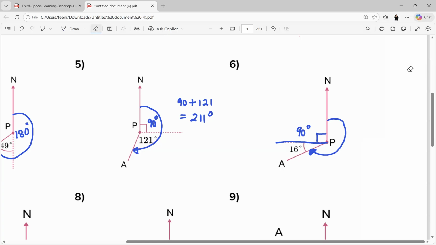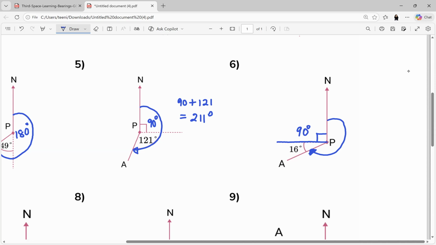So anyway, if we know that here is 90 degrees, then that means this angle up until this point, right? So angle P, well, NPA, this angle here, plus 16 degrees will actually be equal to 270 degrees. Because if here is 90, then the rest is 270 degrees.